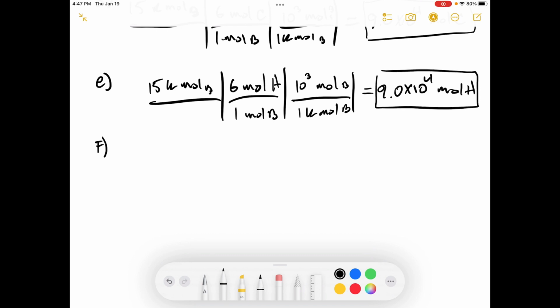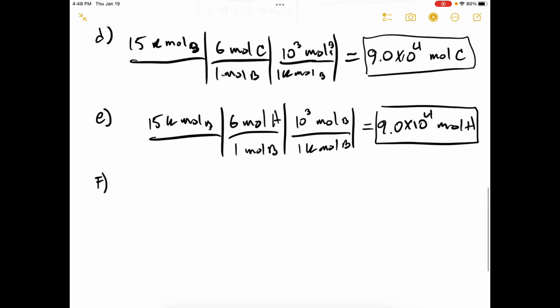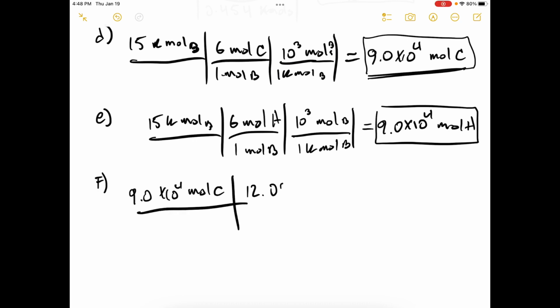Part F. Well, now it's asking us to convert into grams. So carbon has more mass than hydrogen. But let's just start off with 9.0 times 10 to the 4 moles of carbon. The molar mass of carbon is 12 grams per mole.